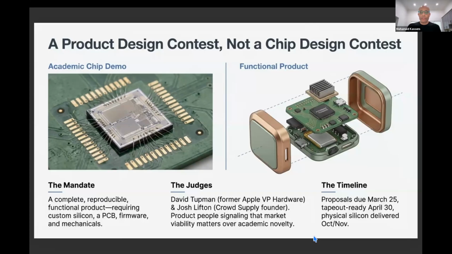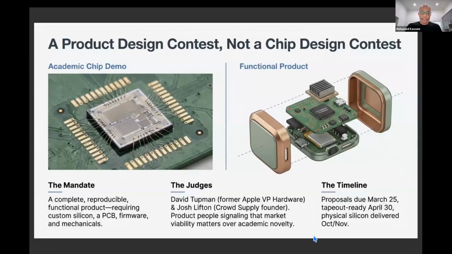Very rarely does someone take it to the next level and create an actual product. And when I say product, it could even be just the board, without even the casing, but the more complete it is, the better.